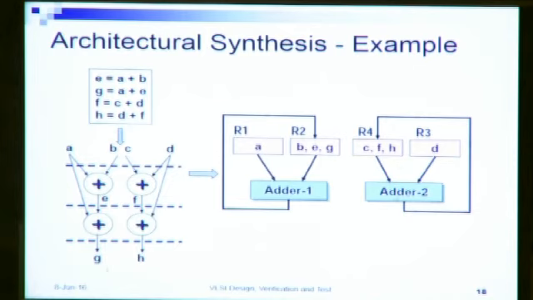So this process is called allocation and binding. We allocate different input data to different registers and different operations to different adders and bind them. So for example, we have used register 1 to store A and register 2 to store B, E, G. Let us see how we can realize this.